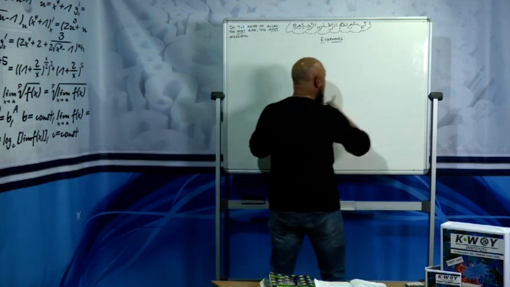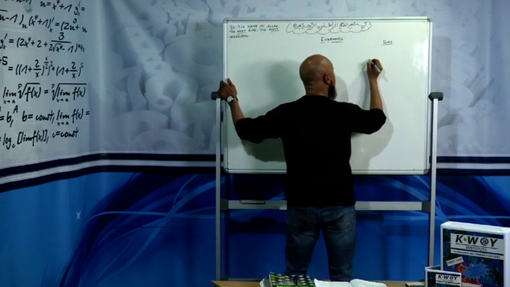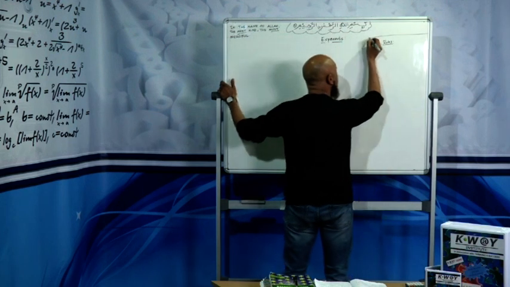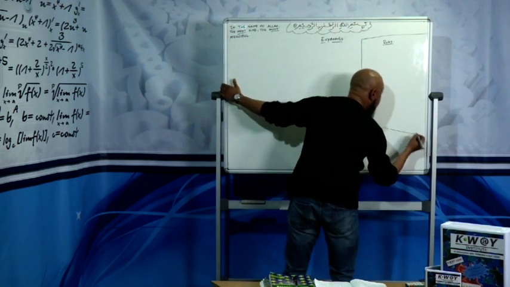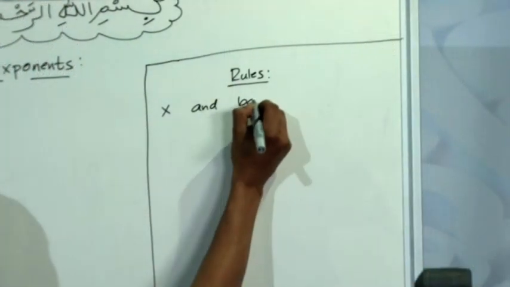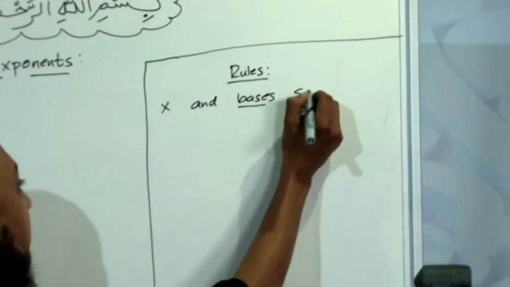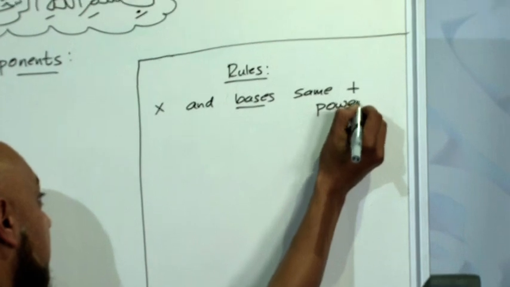Let's put down our rules here on the side. Let's make a nice big rule box here. Please make sure you learn these rules. When you multiply and bases are the same, we add the powers.